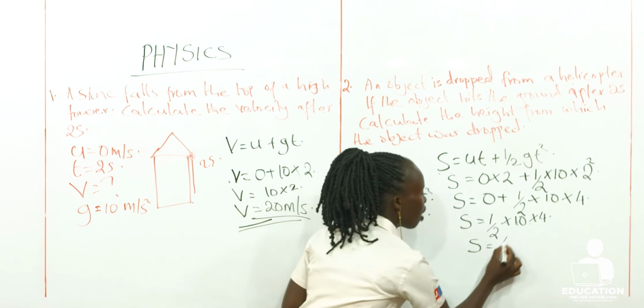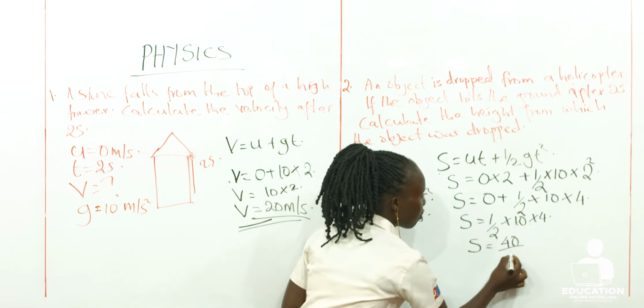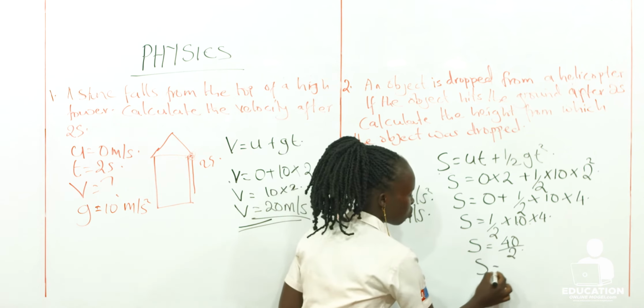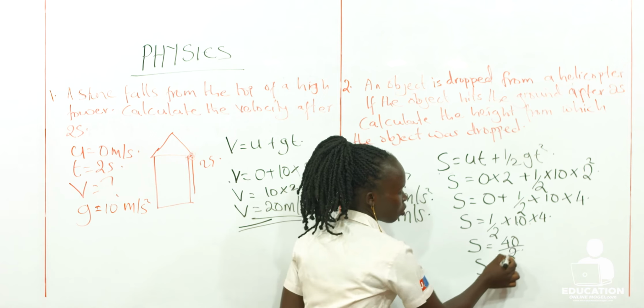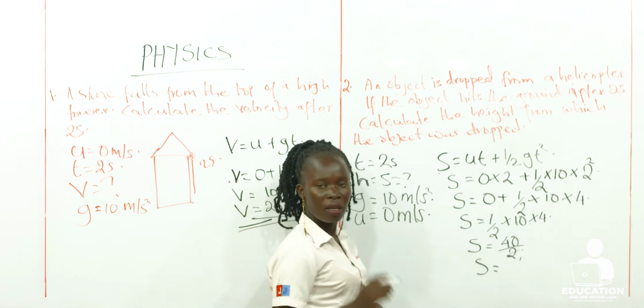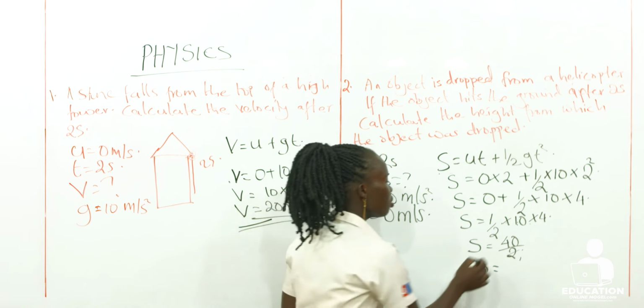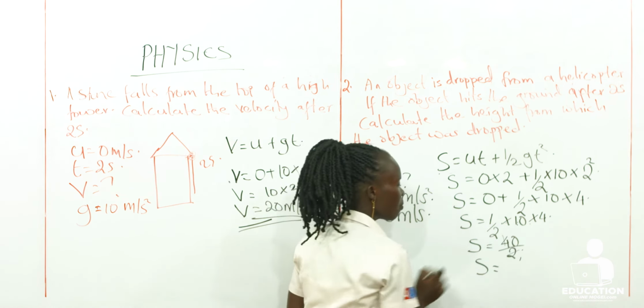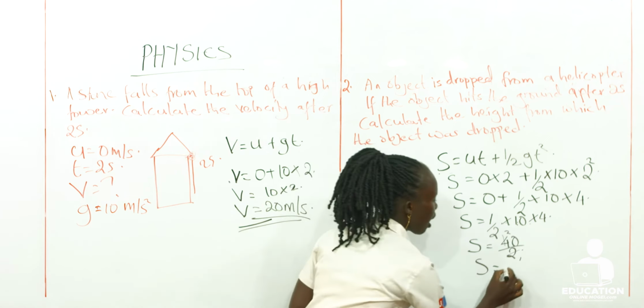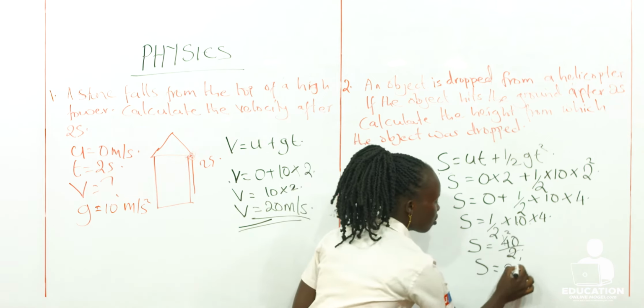So we shall have 40 divided by 2. What is 40 divided by 2? 2 will divide 2, and you'll be left with 1, and then 4 divided by 2 will give you 2. So we shall have 20.